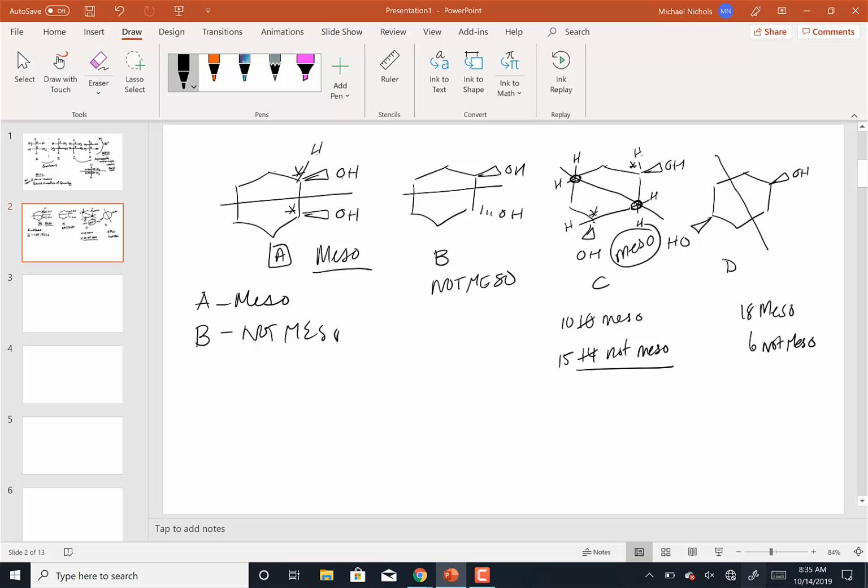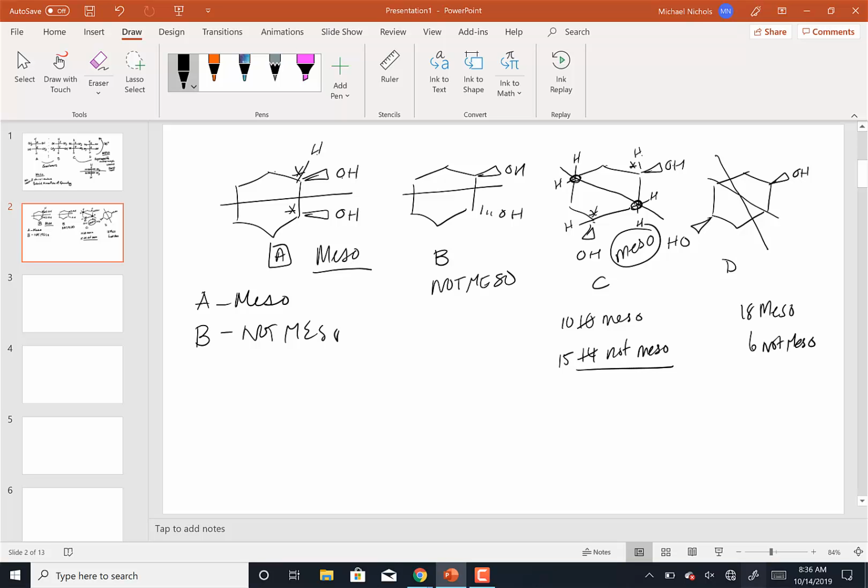What mirror plane did you draw? The same one as the last one we did. Okay, but the mirror plane, did it go through the C's with the OHs? Like that? Like these?